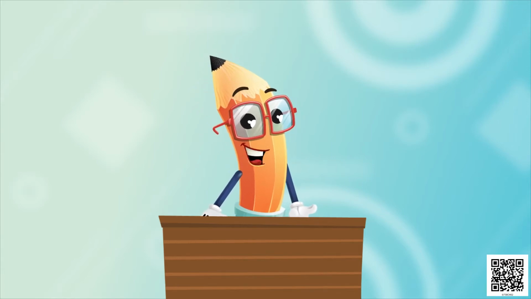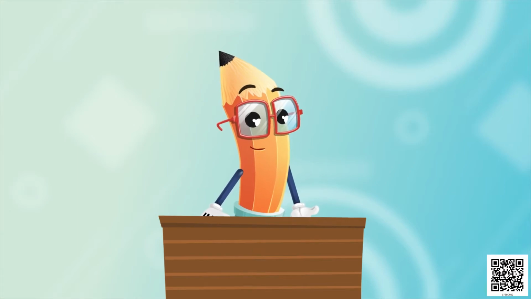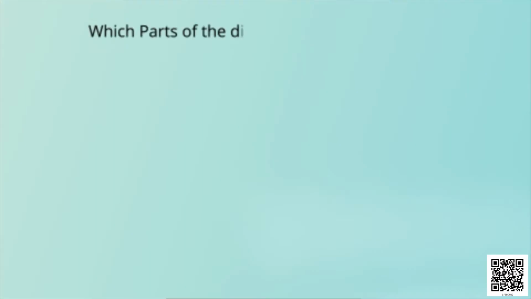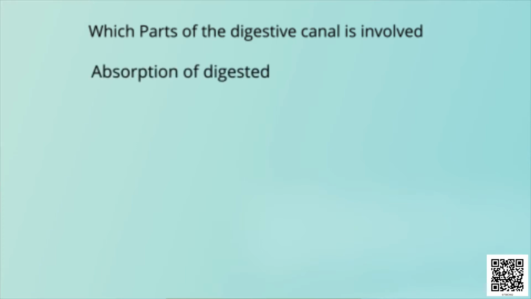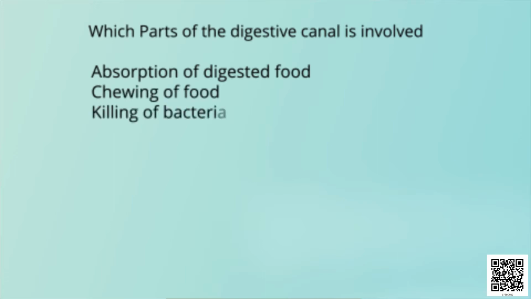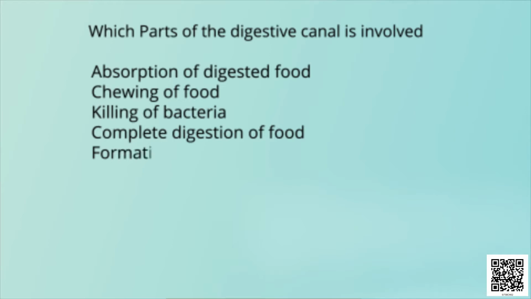So students, now my next question is, which part of the digestive canal is involved in: first, absorption of digested food; second, chewing of food; third, killing of bacteria; fourth, complete digestion of food; fifth, formation of feces.